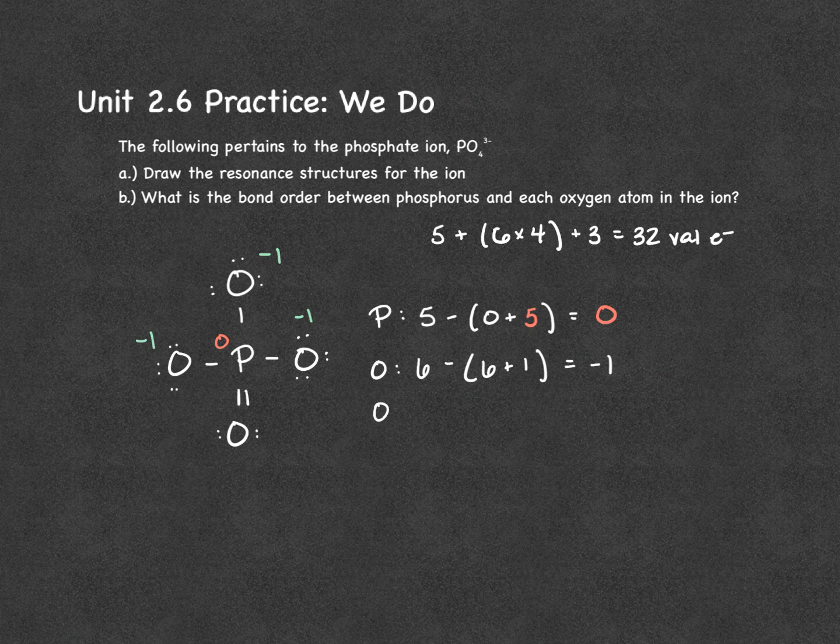But now for my double bonded oxygen, I still have 6 valence electrons minus my lone electrons, so 1, 2, 3, 4, lone electrons, plus my bonds, which is 2. So 6 minus 6 equals 0. So now I've gotten my formal charges on everything closer to 0.